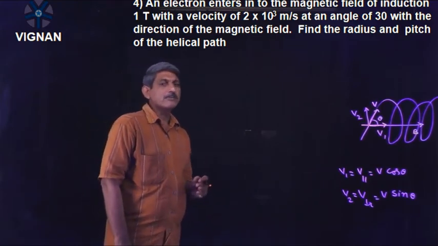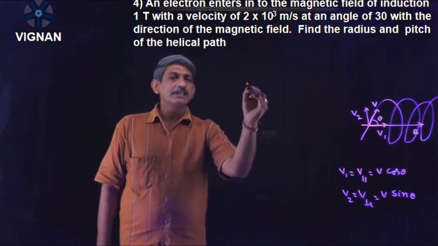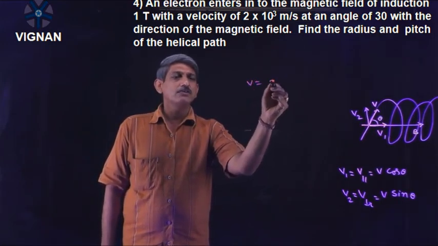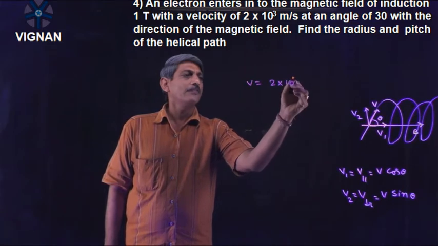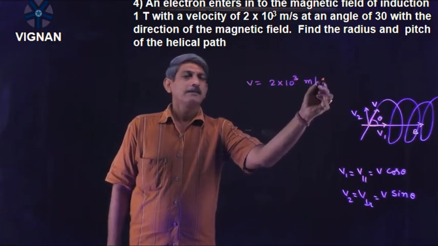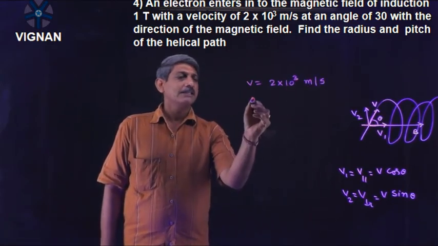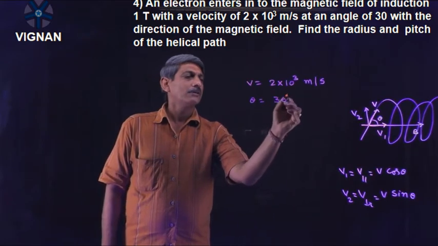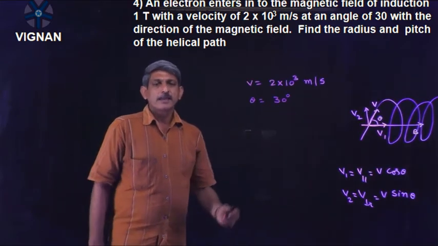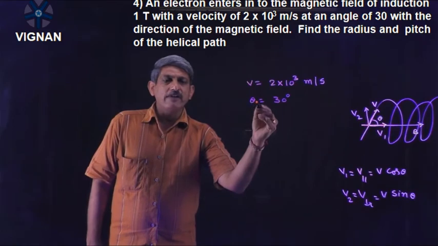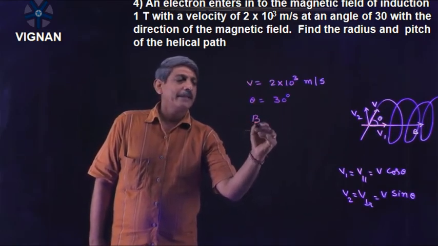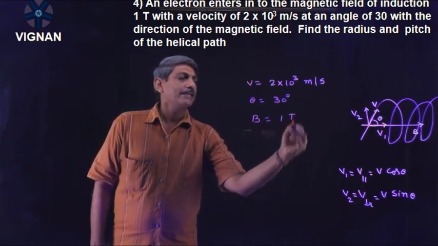Here, what are the given quantities for us? The given quantities are velocity v is equal to 2 into 10 to the power of 3 meters per second, theta is equal to 30 degrees, and the magnetic field value is given by B is equal to 1 Tesla.